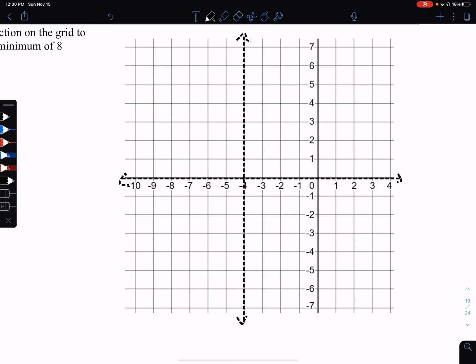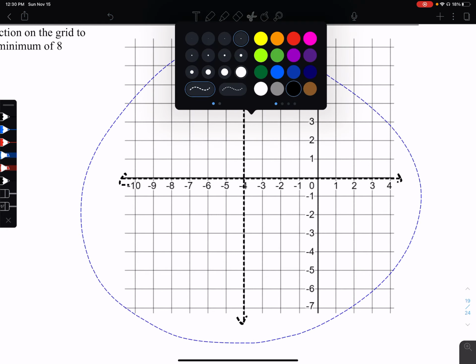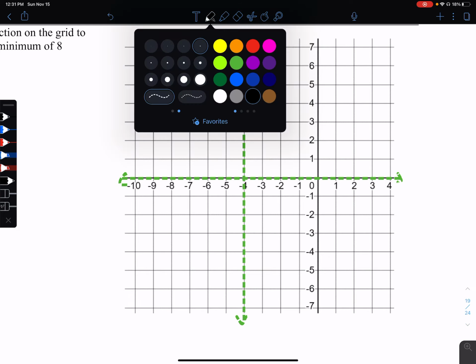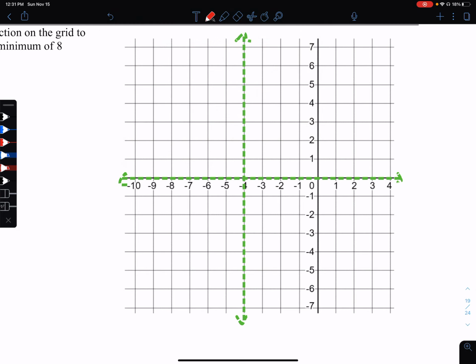We can make these pop a little bit more. I like it when things pop. This is y equals 0. This is x equals -4.